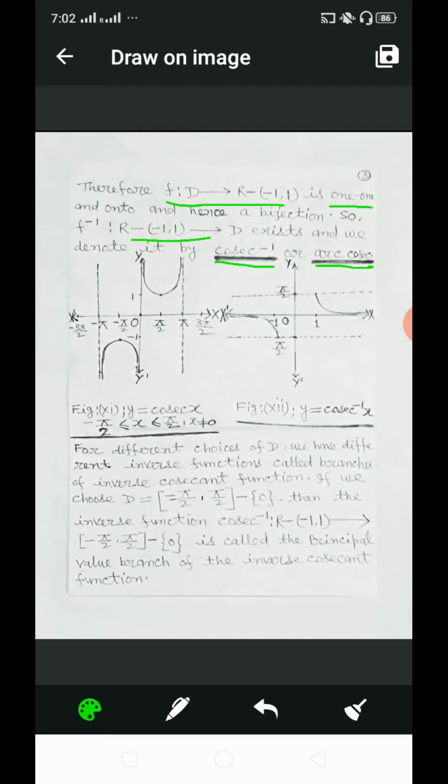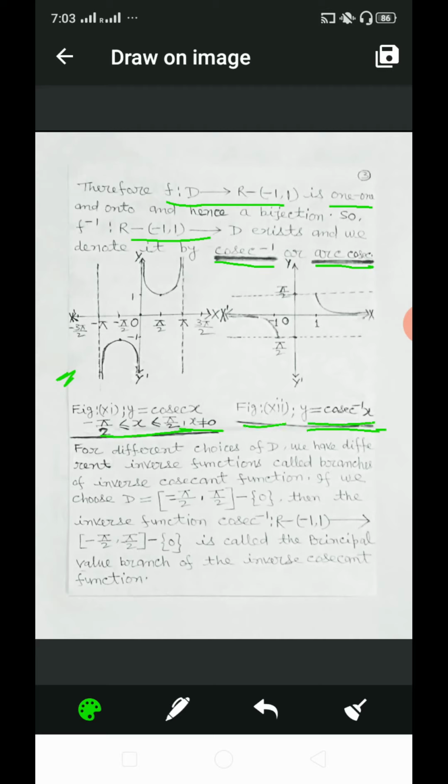Here figure 11 shows the graph of the cosecant function, that is y = cosec x, where -π/2 ≤ x ≤ π/2 and x not equal to 0. Figure 12 shows the graph of the inverse of the cosecant function, that is y = cosec inverse x.